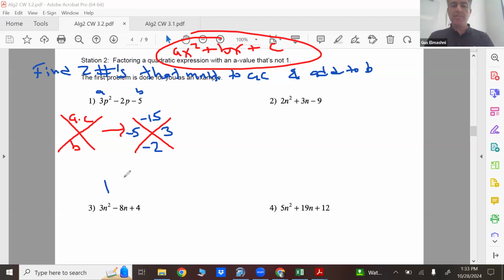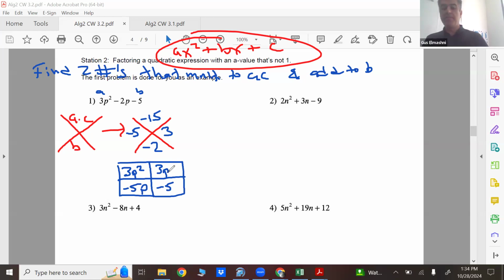What you do instead, you can do a couple things. There's something called factor by grouping. There's trial and error. CPM encourages this, where you put 3p squared in the top left, -5 in the lower right, and you put -5p and 3p in the other corners. Whichever corners they belong to doesn't really matter.